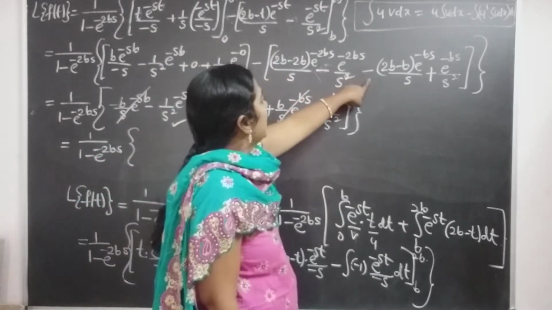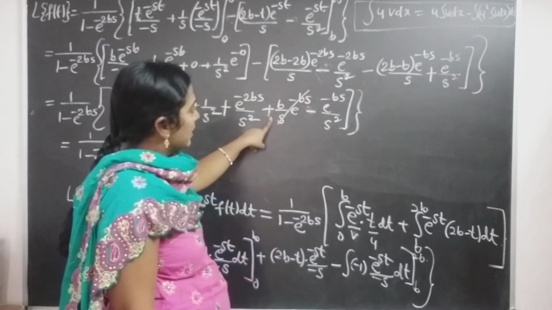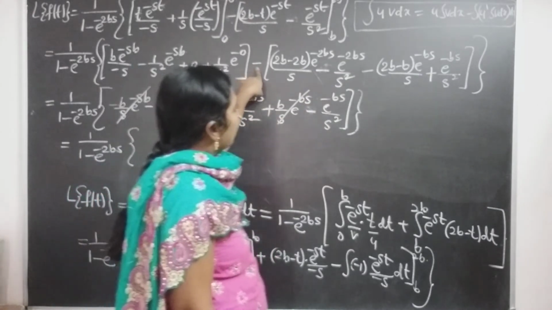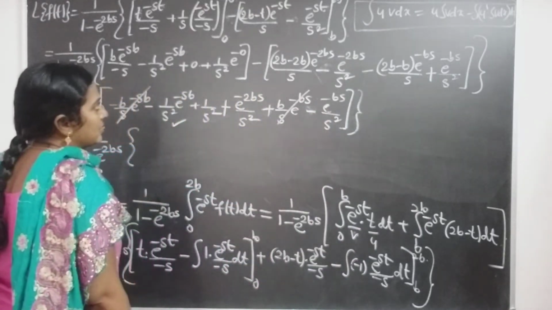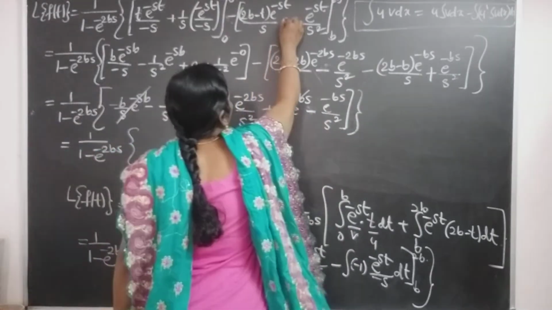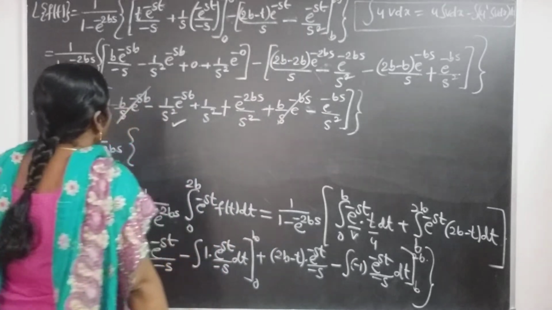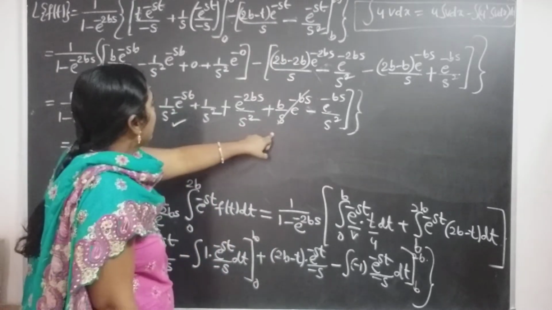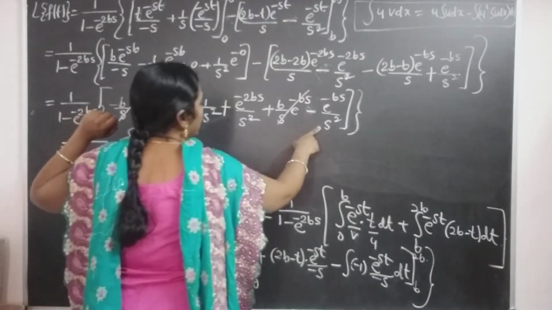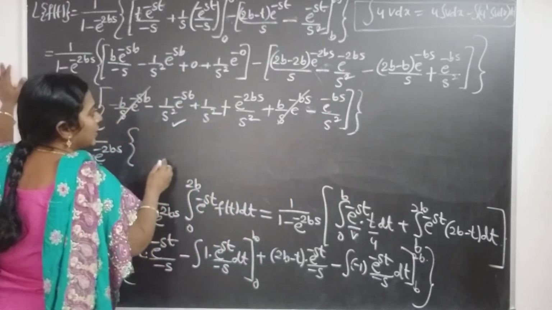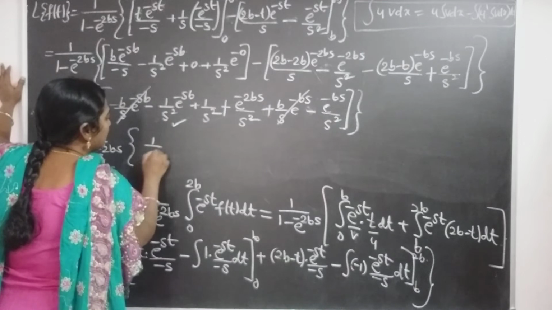Here minus into minus plus b by s e power minus sb, minus into plus minus e power minus bs by s square. Why? Because here negative has come. Okay, here these two get cancelled and it is minus 1 by s square, it is also minus 1 by s square, and 1 by s square.